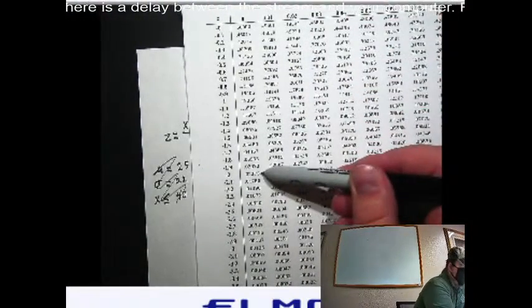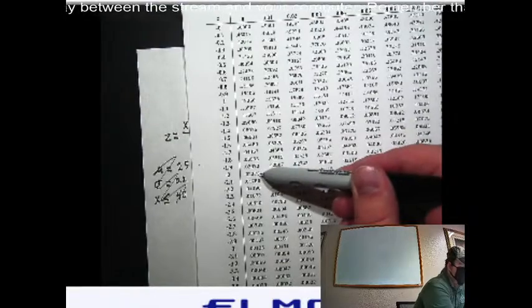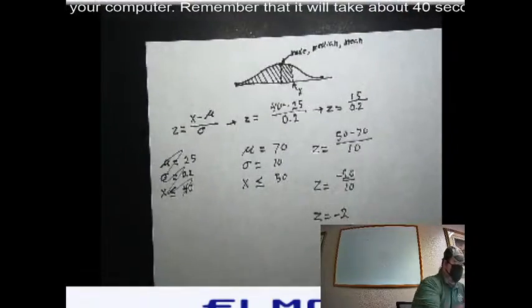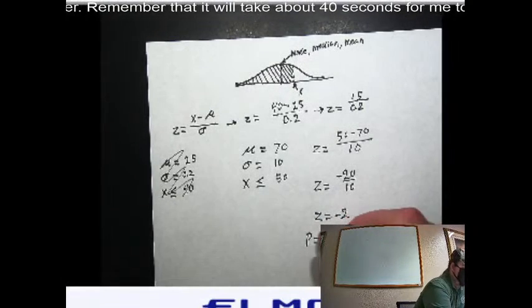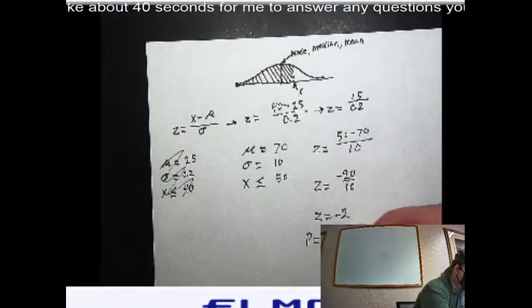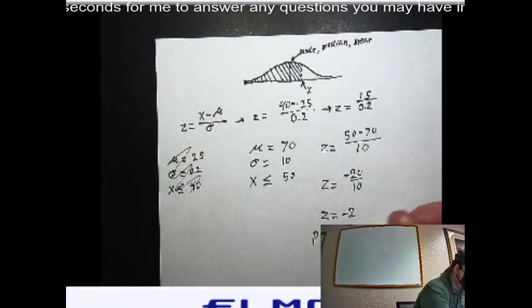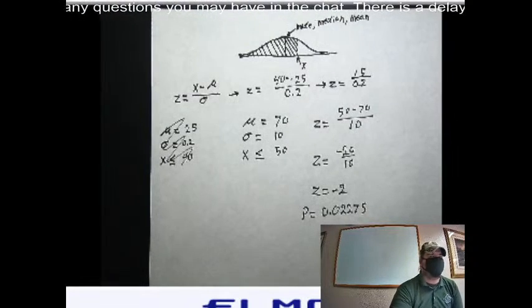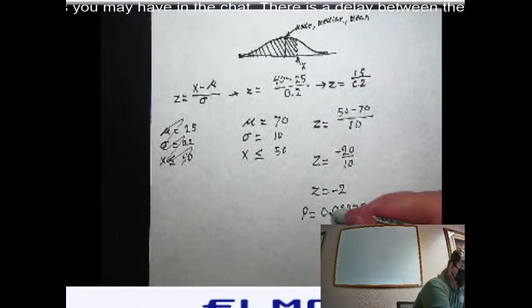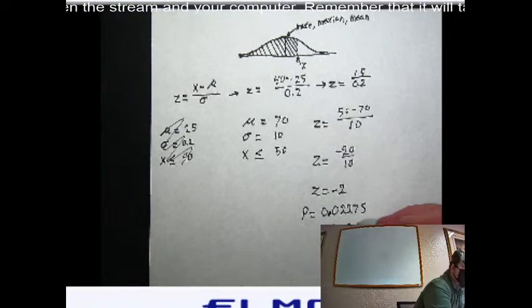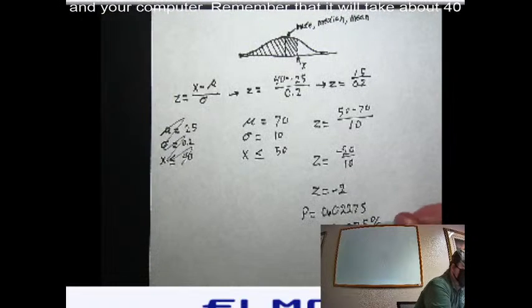We scroll down and we find we have a probability of 0.02275. Okay, which if we were to make that into a percent, of course we take that decimal, move it twice, so our percent is 2.275%.